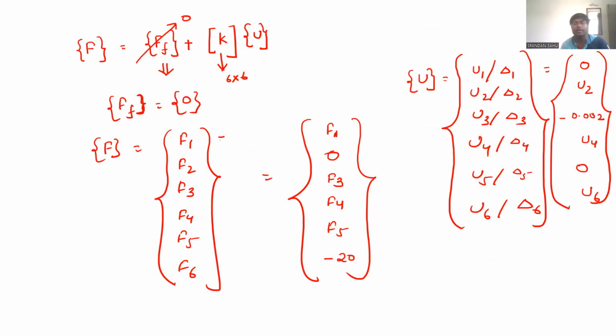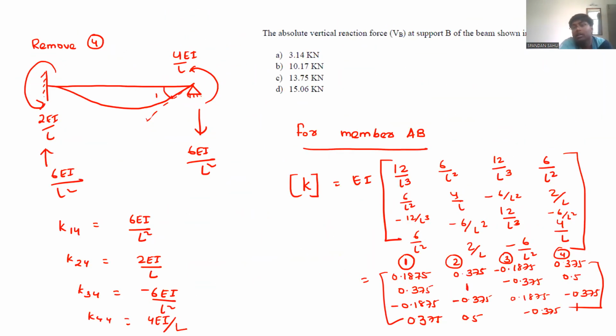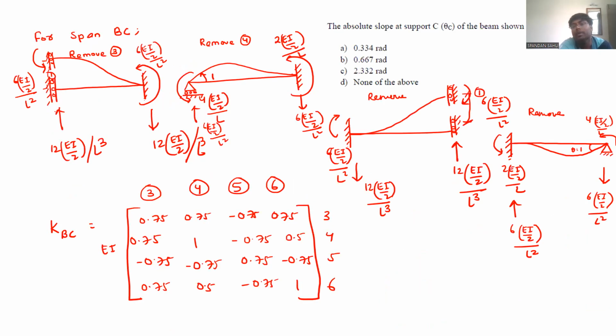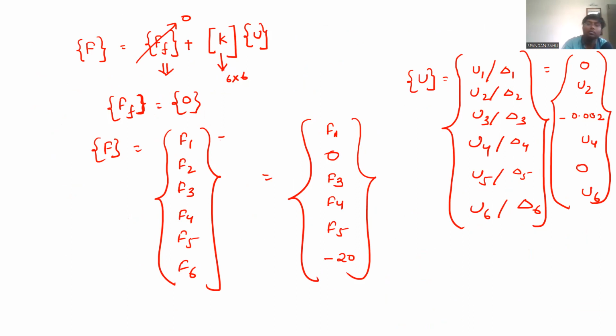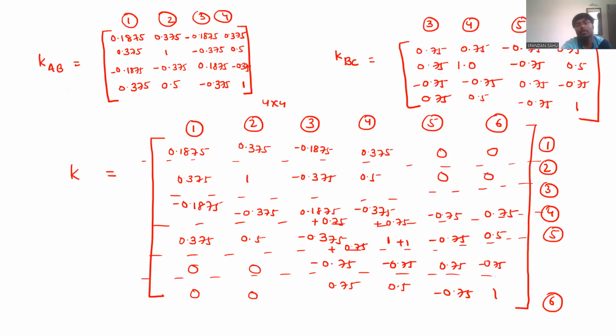Now you got the F matrix, you got the U matrix, you got the K matrix. Correct? Now what you need to find? Support reaction at support B and slope at support C. So you need to find reaction at support B, that means F3, and slope at support C means U6 or theta 6.